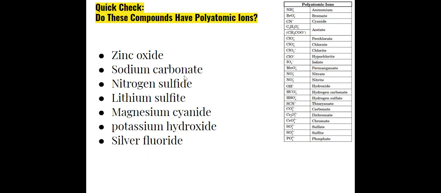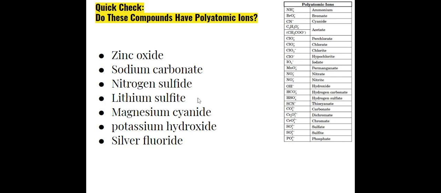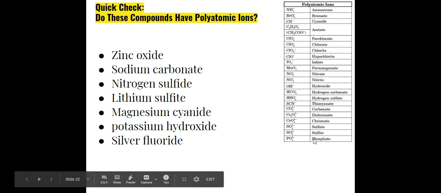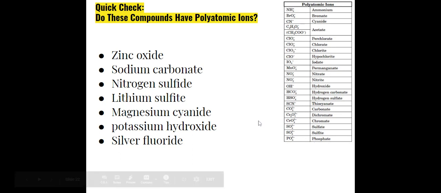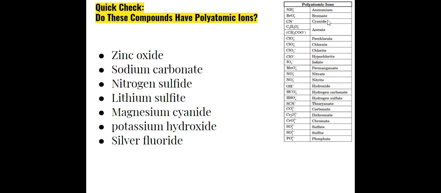Nitrogen sulfide, with a D. Notice there are two elements that deal with sulfur here, sulfur and oxygen, but this is sulfate and sulfite, so it can't be sulfide. But lithium sulfite, there's a polyatomic ion. Magnesium cyanide is a polyatomic ion, even though it does not end in ate or ite.